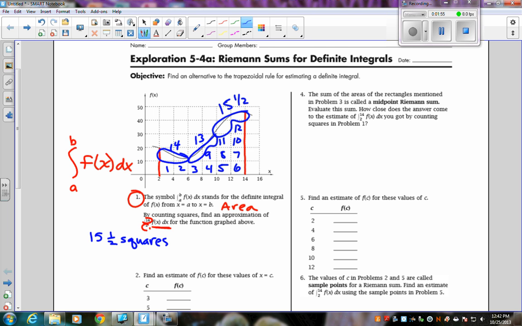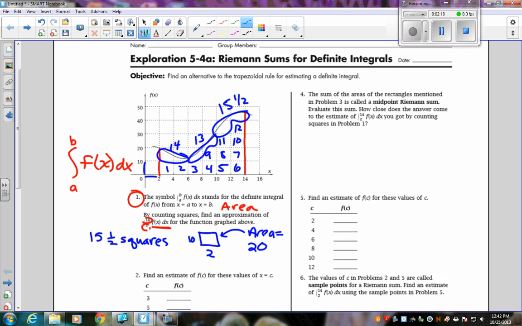But by looking at the scale of my x-axis and my y-axis, I know that's not actually the area under the curve. Each square on my grid goes across 2 along the bottom and up 10 on the y-axis, which means the area of each square is 20.